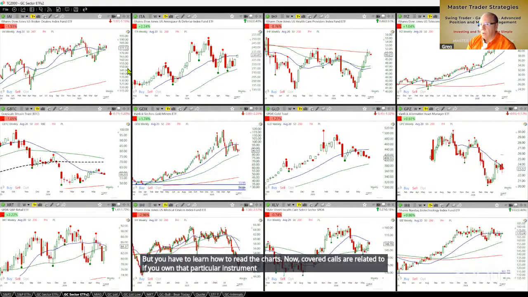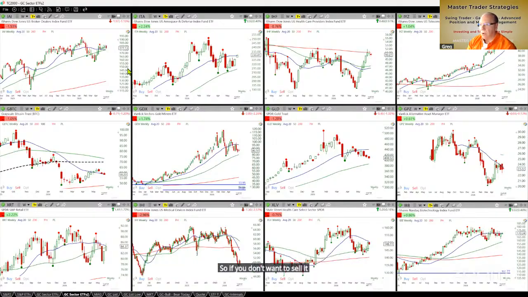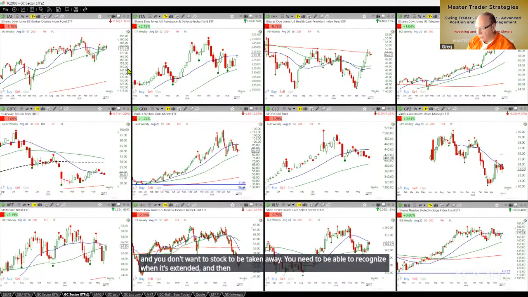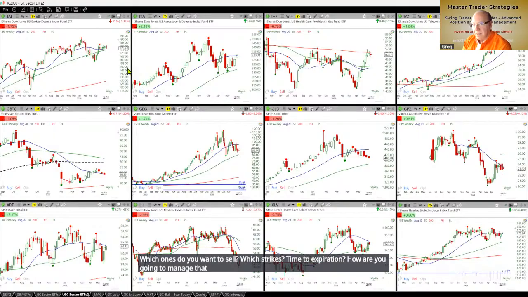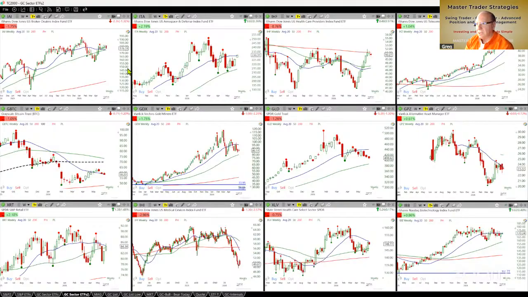So if you don't want to sell it and you sell a covered call and you don't want the stock to be taken away, you need to be able to recognize when it's extended, and then you have to learn options, meaning which ones do you want to sell? Which strikes? Time to expiration. How are you going to manage that? So it's slower. It's a more conservative way. So sure.